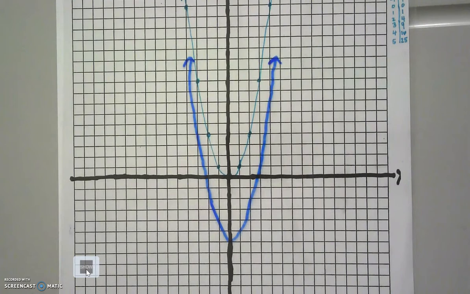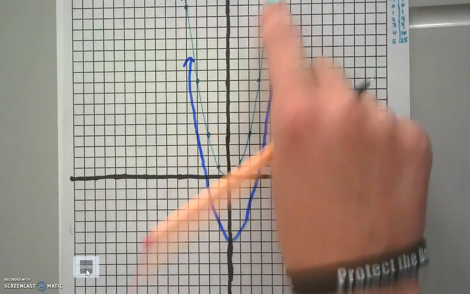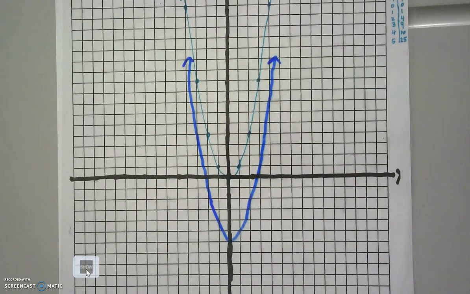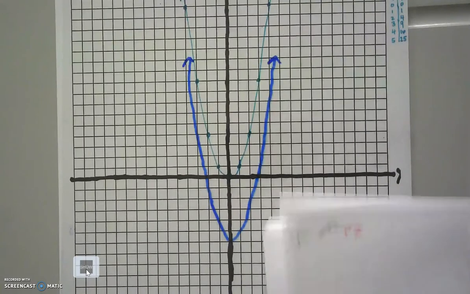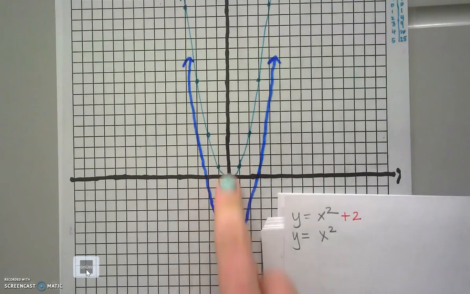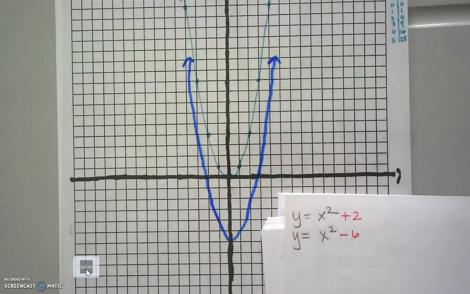Again, this is where we started. Everything starts with the parent. This is what has changed. So if we start with our parent function, y equals x squared, but we moved this down 6, we'll represent that with a minus 6.